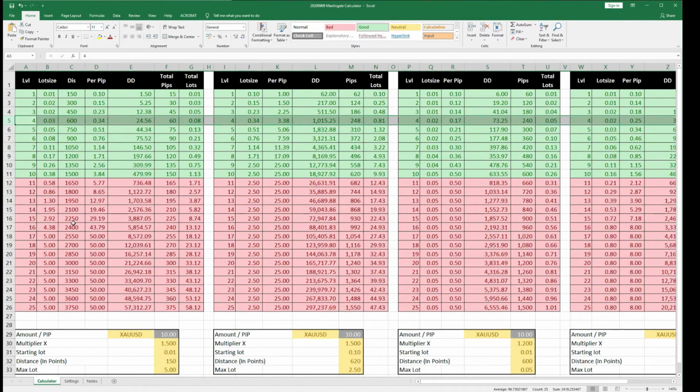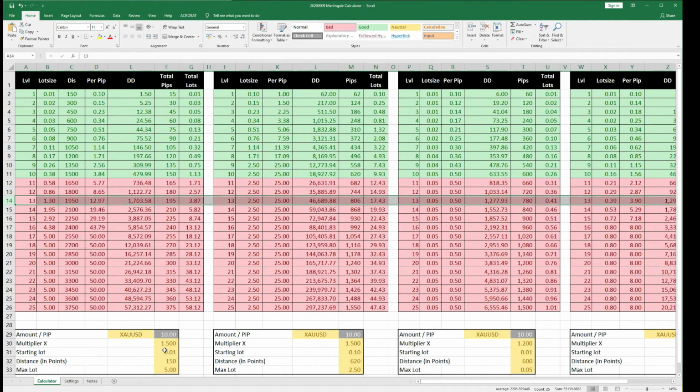Because at $20, it will be somewhere around here, 13. Look how much you need, 1,007. But you do not have 1,007, and you didn't intentionally set your multiplier and your starting lot.